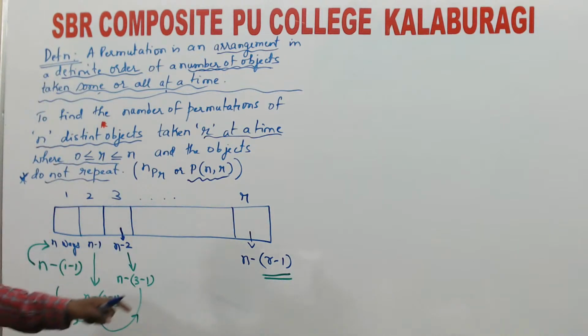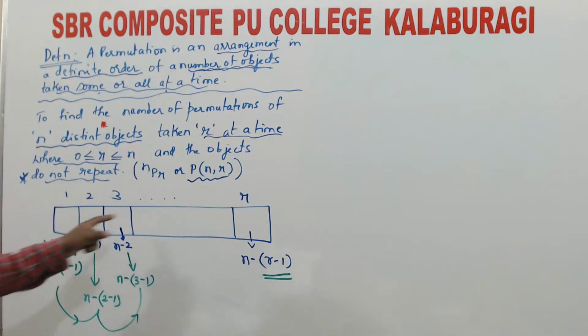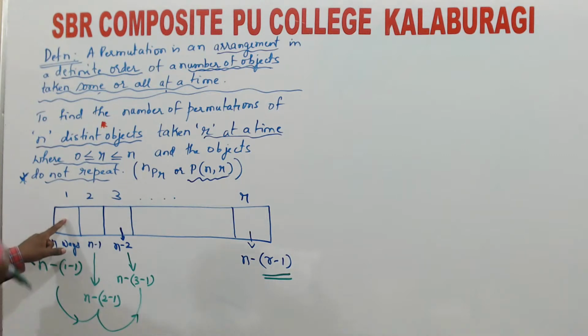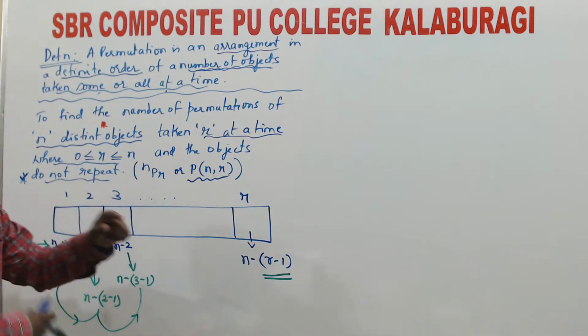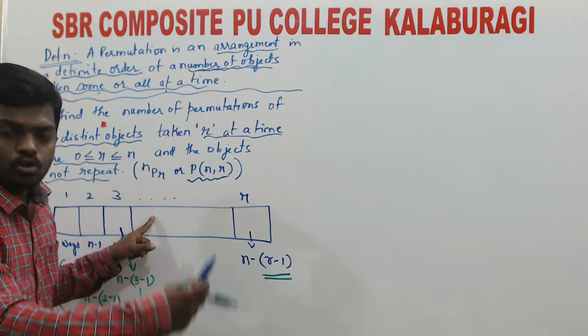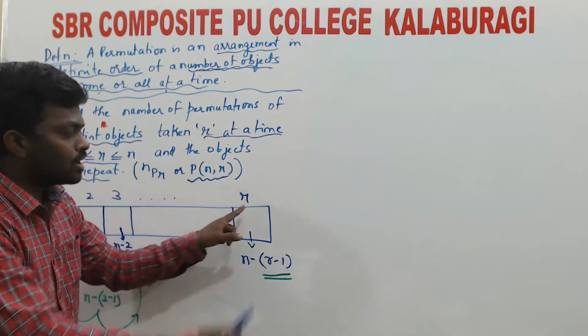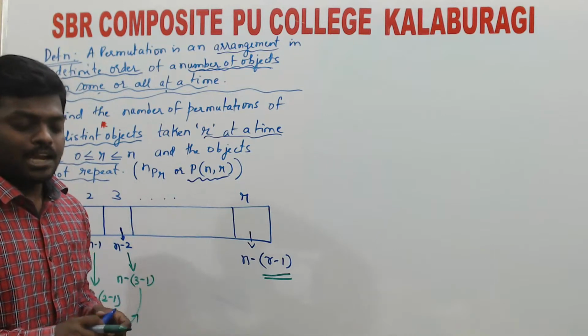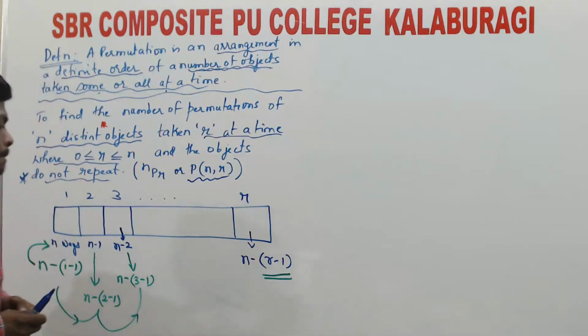Okay, students. So now what we have done, we have filled r boxes using n distinct objects. First box we filled, then the second box, the third box, fourth box, fifth box, and so on up to the r-th box, and keep on saying "and", which means the multiplication principle.